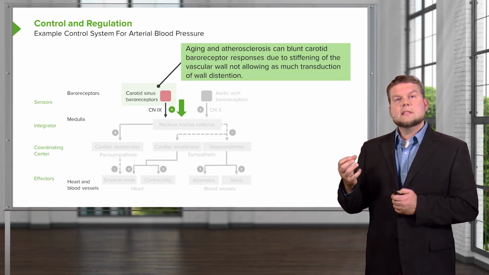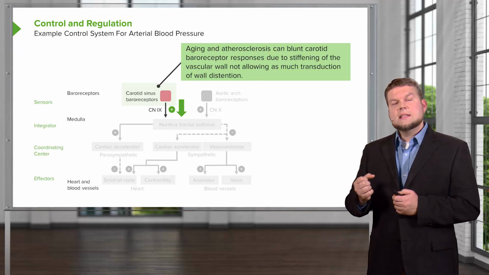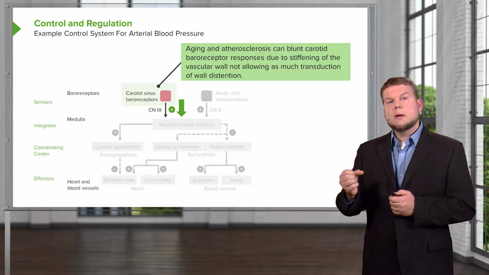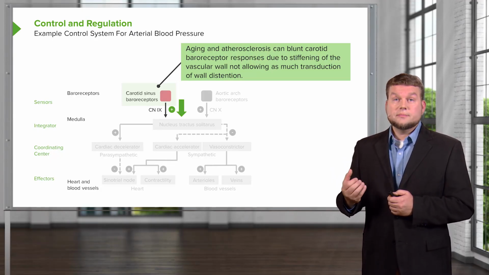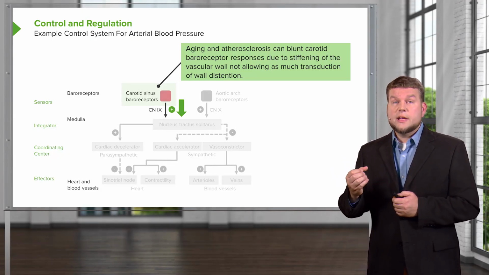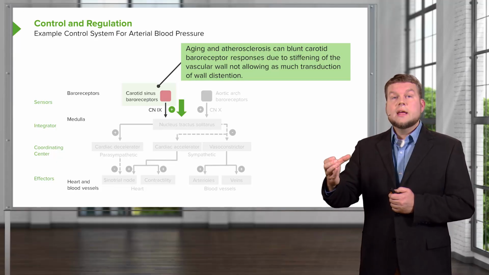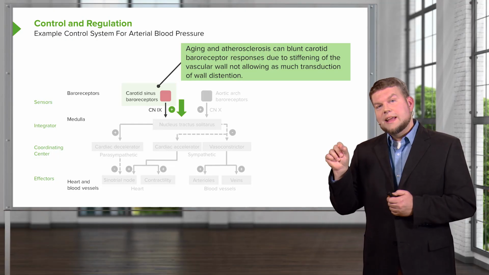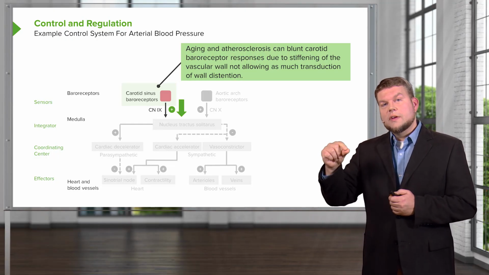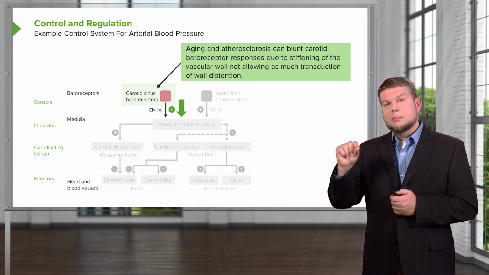If a vessel wall is stiffer, what happens is it doesn't distend as much or become bigger in response to changes in blood pressure. So if blood pressure goes up, it should stretch the blood vessel. If it stretches the blood vessel, it impacts or enacts changes in the nerve that's right around that blood vessel.